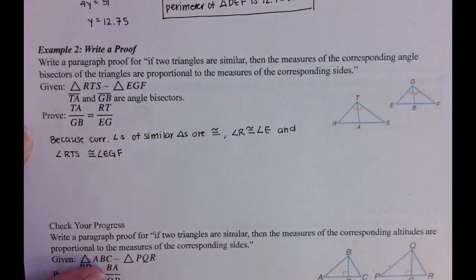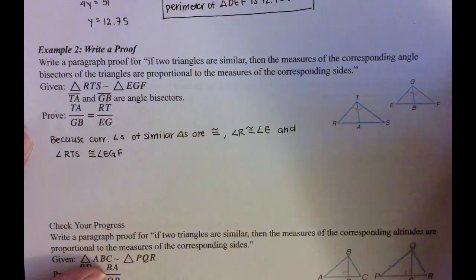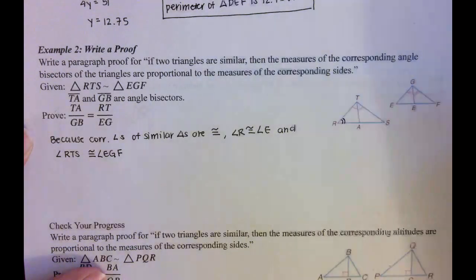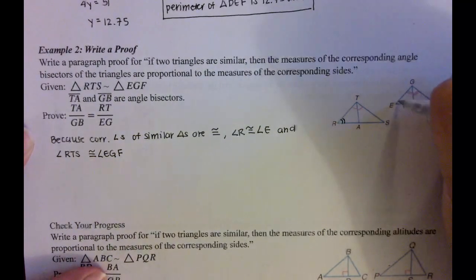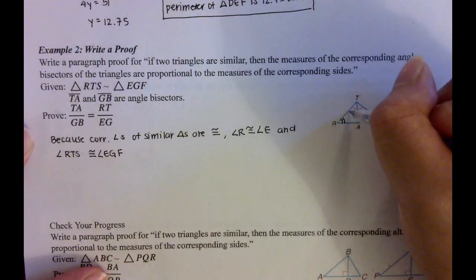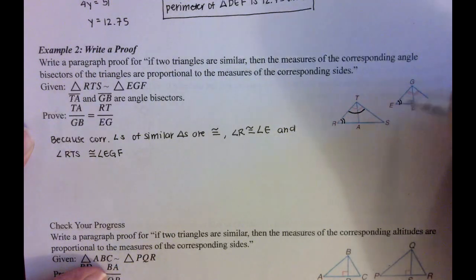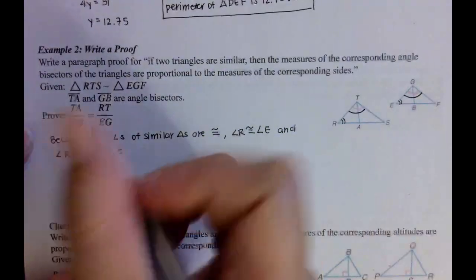Let me mark that. So angle R is congruent to angle E, and angle RTS, which is this whole thing, is congruent to angle EGF, this whole thing. Okay?